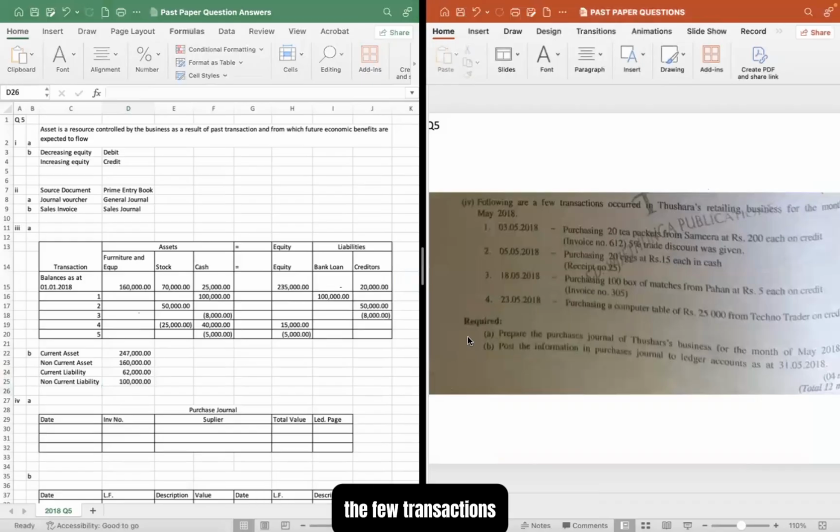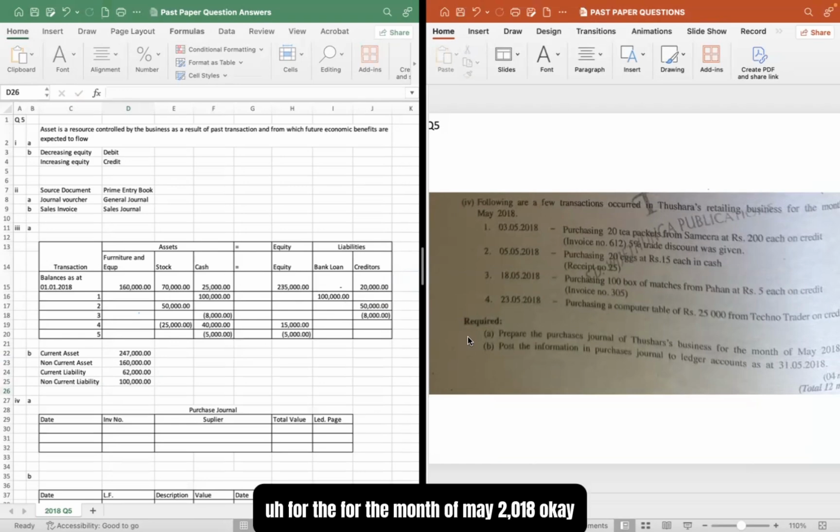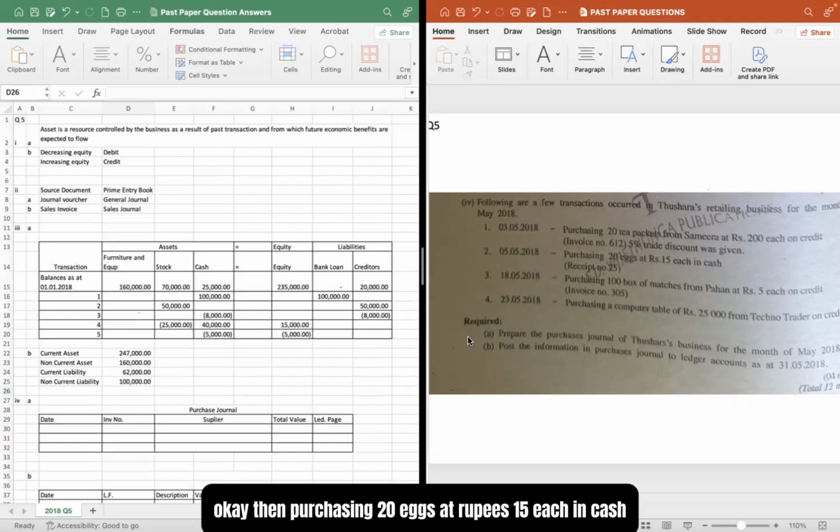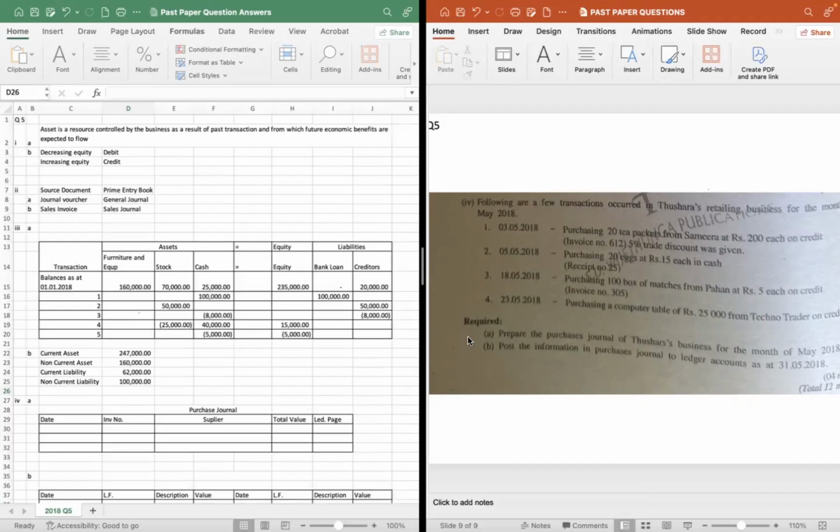The following are a few transactions that occurred in Tushara's retail business for the month of May 2018. Let's look at them. Purchasing 20 tea packs from Samira at 200 each on credit. 5% trade discount was given. Then purchasing 20 eggs at rupees 15 each in cash.